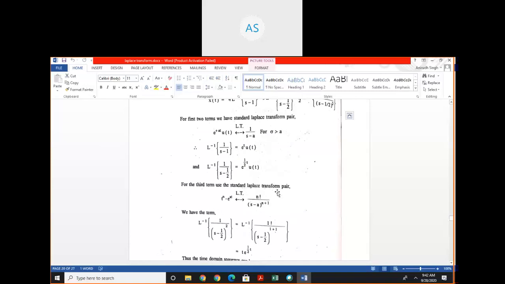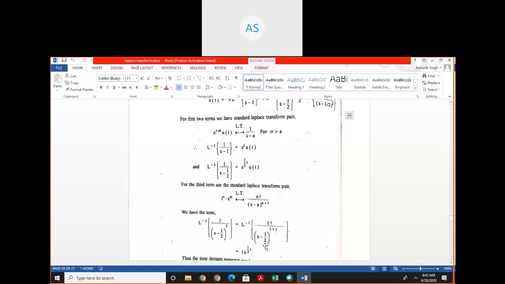Then take the inverse Laplace transform of all these terms. First term, the inverse Laplace transform of 1 by s minus 1 is exponential t u(t). Similarly, the inverse Laplace transform of 1 by s minus half is exponential half t u(t).